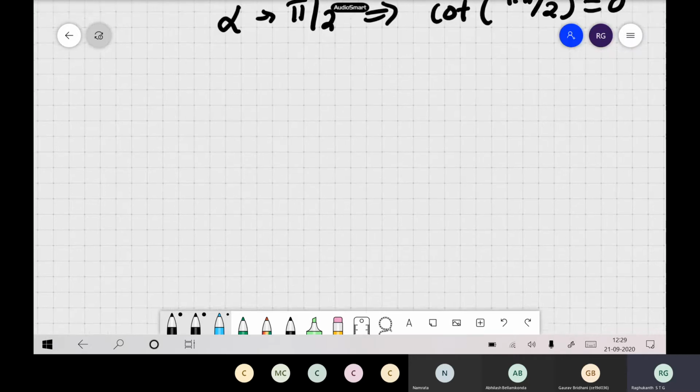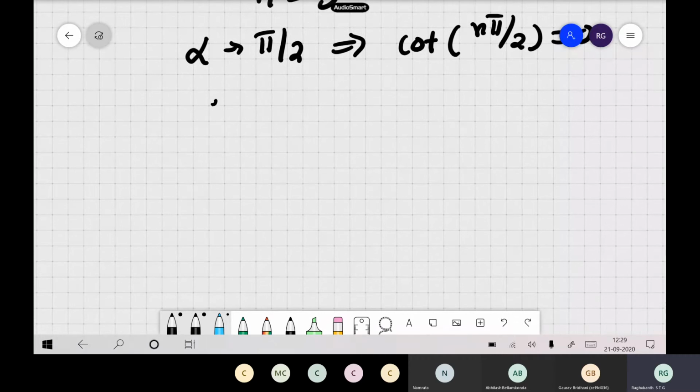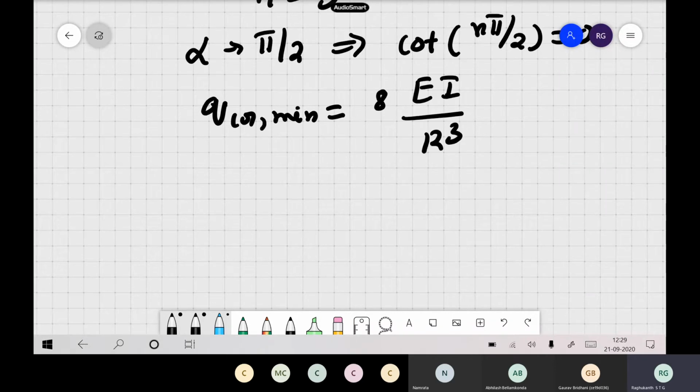So your Q_cr minimum turns out to be 8EI/R³. This is our Q_cr for a semicircular arch. This is how we can calculate these numbers.